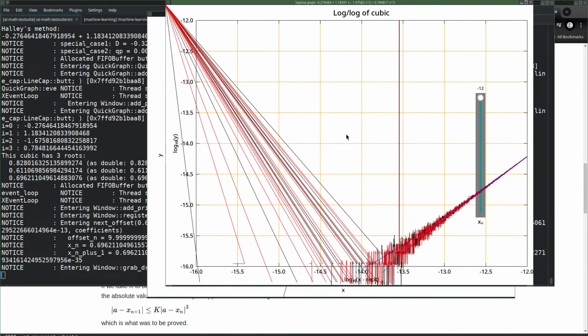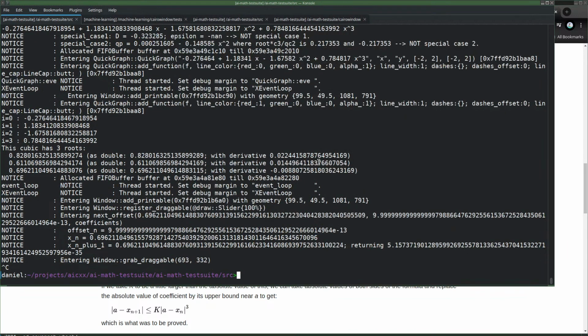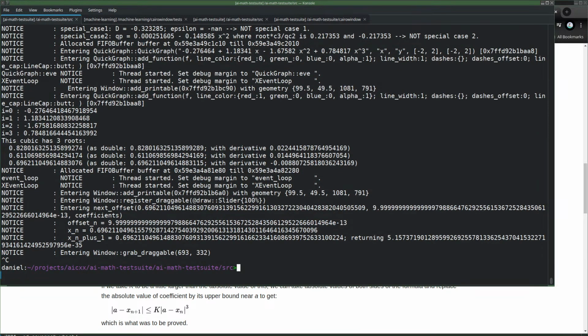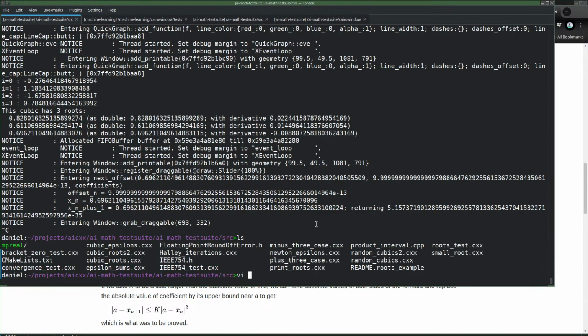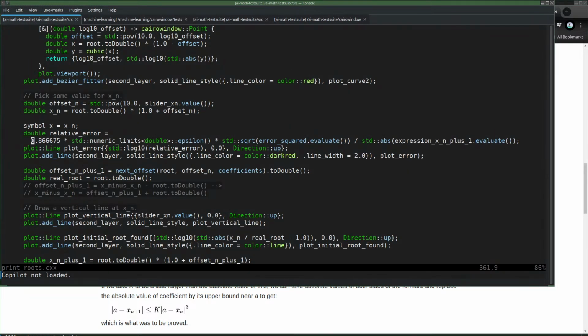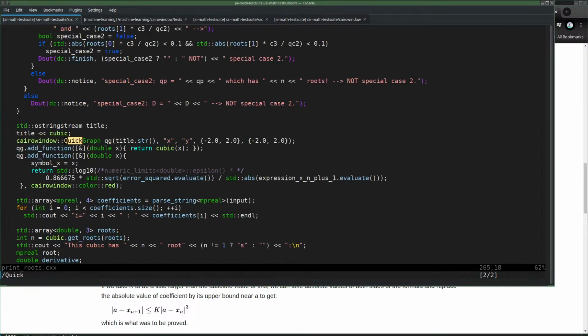Yeah, let's look for the code that draws these lines. So this is in print roots. And then I think this is not a quick graph. Quick graph is just the cubic in the arrow.